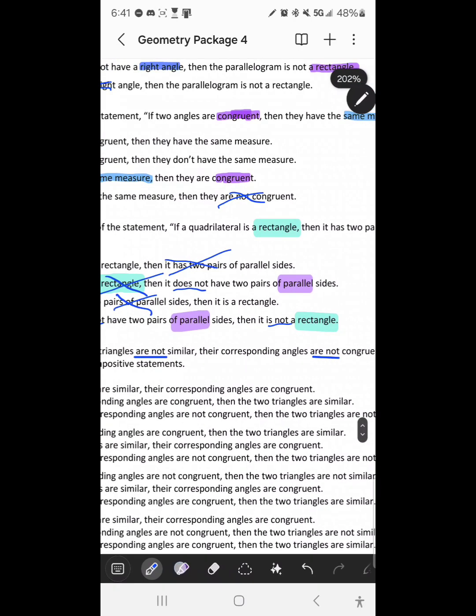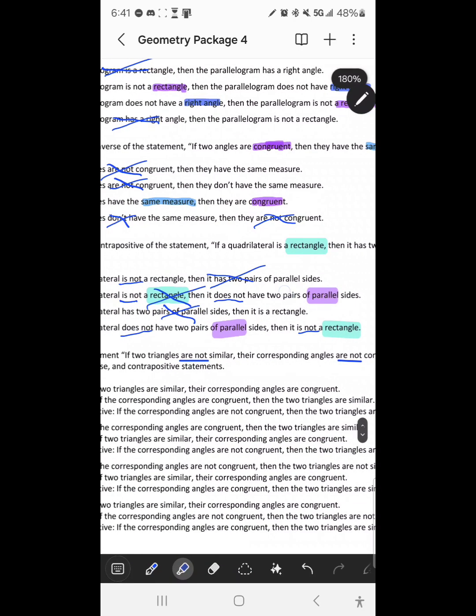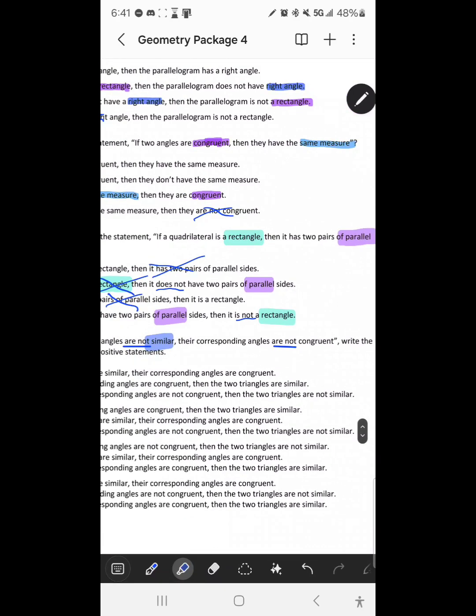So first, okay, we start with triangles. We start with similar, and we finish with congruent.